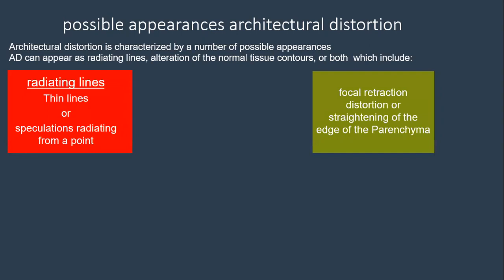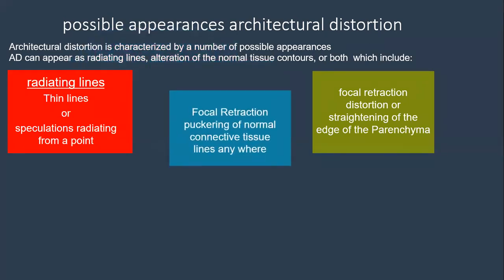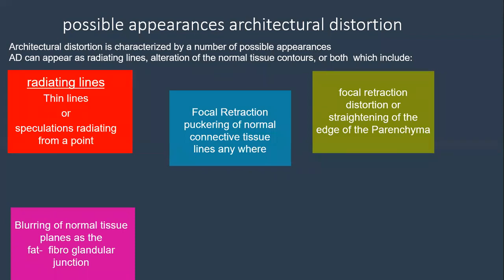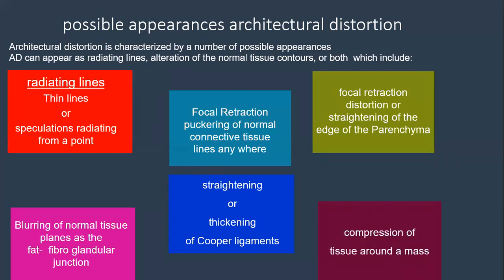The contour can be seen as focal retraction, distortion, or straightening of the edge of the parenchyma. It can be seen as focal retraction or buckling of the connective tissue lines anywhere within the breast, not necessarily at the contour or the fat-glandular interfaces, or as blurring of normal tissue planes such as the fat-glandular junctions. It can represent a straightening or thickening of the Cooper ligaments, and can be seen as compression from an adjacent mass.